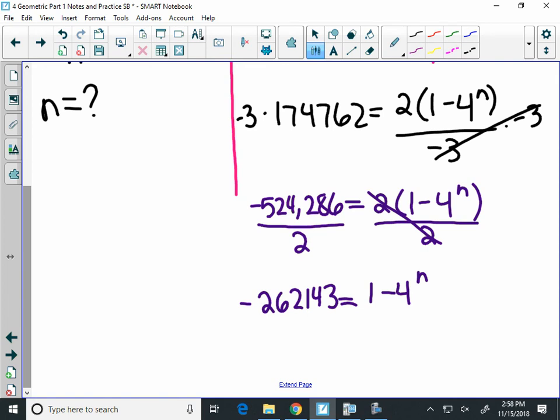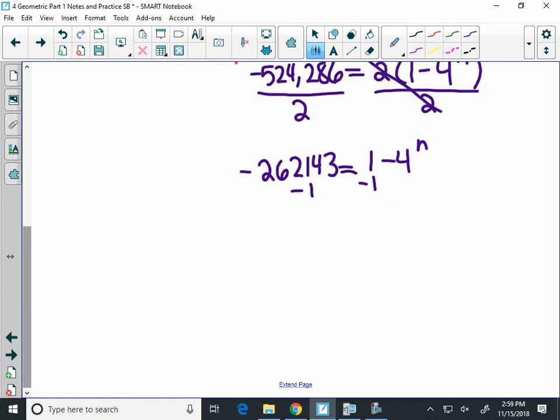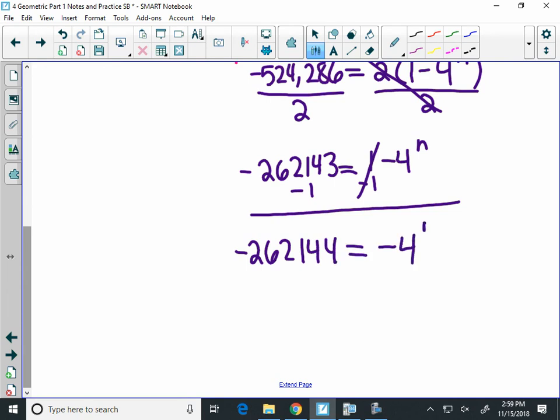Okay, so I'm getting closer. This should be starting to look kind of like something we did last unit with exponentials and logs. So I'm now going to subtract 1 from both sides. So when I subtract 1, I get negative 262,144 equals negative 4 to the n. Okay. We're getting there. It's just a lot of steps.